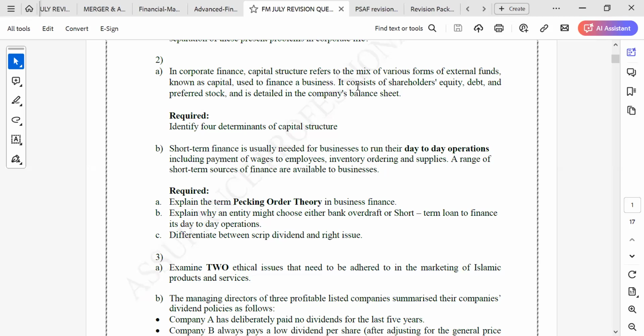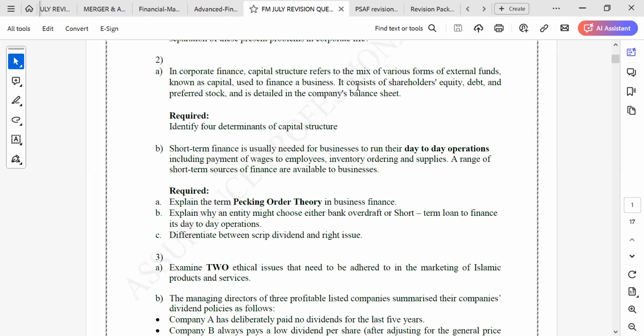How is it? Why would a company choose bank overdraft? Senior, a company will choose bank overdraft because of the shorter period in paying interest. Okay, that is no problem.